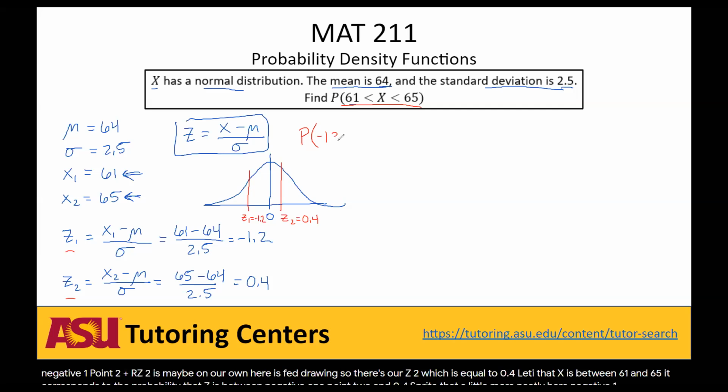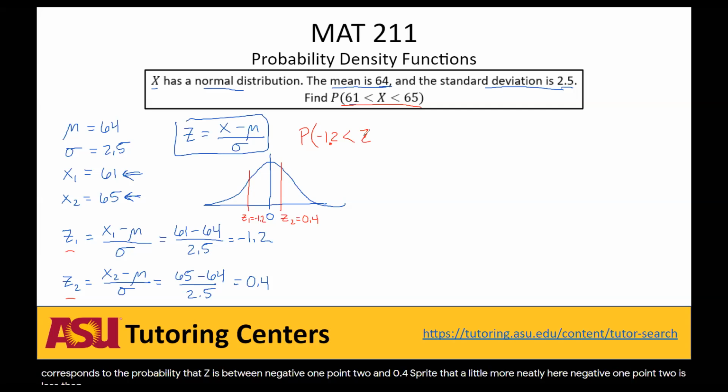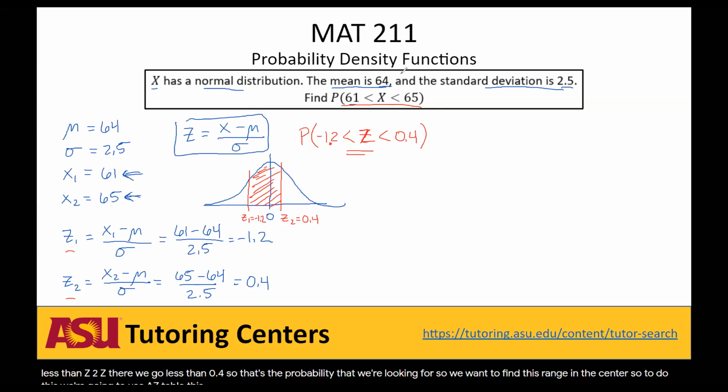Negative 1.2 is less than Z, there we go, less than 0.4. So that's the probability that we're looking for. So we want to find this range in the center. So to do this, we're going to use a Z-table this time.